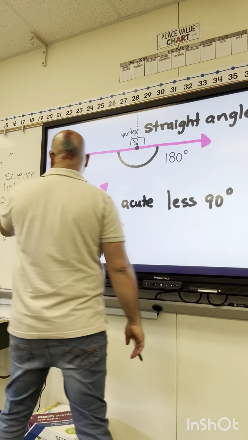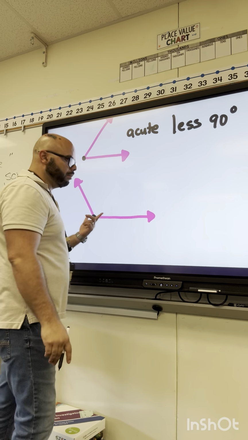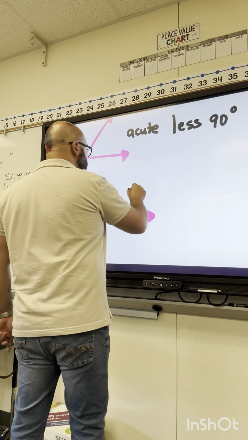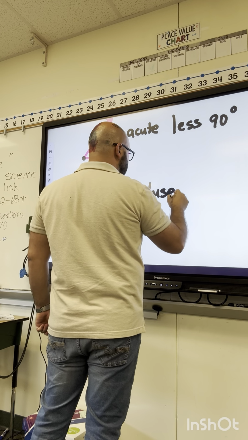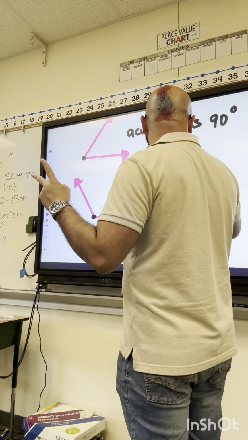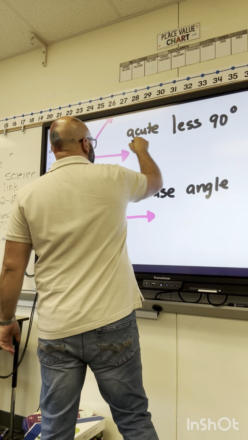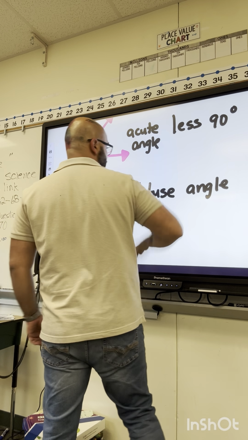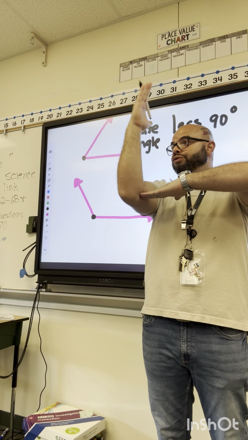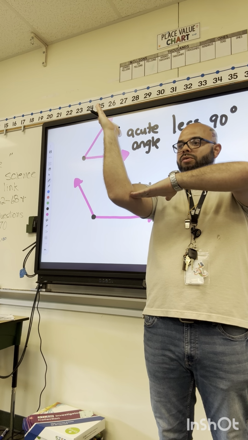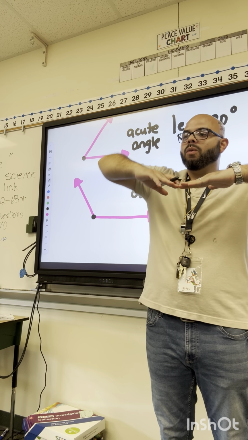Yes. Let's go into our next angle. Our next angle would be obtuse. This is called an obtuse angle. It's kind of like the opposite of acute. An obtuse angle is greater than 90, greater than a right angle, but less than what? 180.